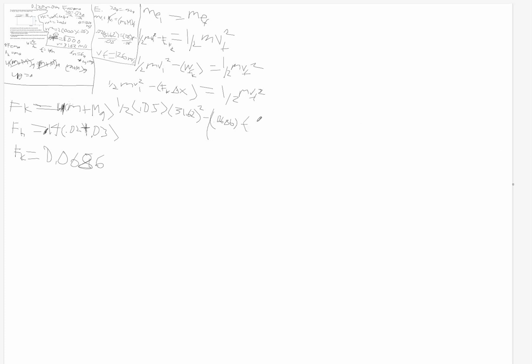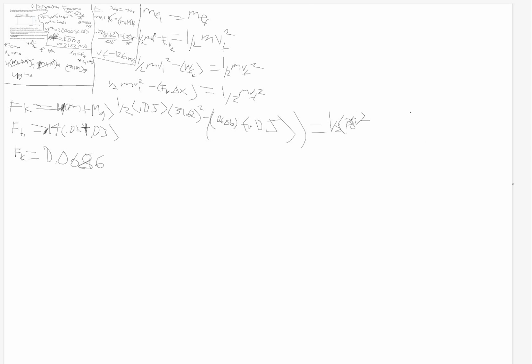So 0.05, parentheses, that is equal to 1/2 mv squared. Alright, I forgot the m. Again, we said the mass is really just the dart block system mass, which is just the mass of the dart plus the mass of the block, which is 0.05.